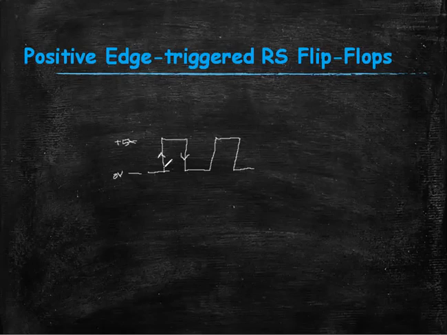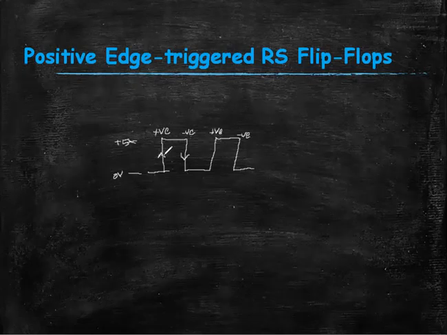The transition from 0 to plus 5 is known as positive edge, and from plus 5 to 0 is known as negative edge. It is the positive edge and it is the negative edge, and here it is positive edge and here it is negative edge.